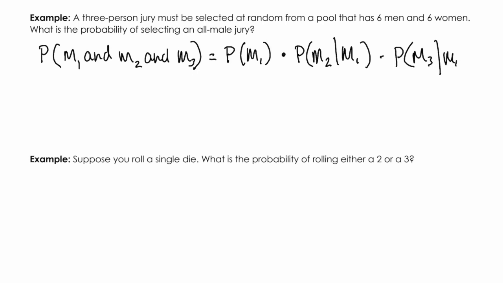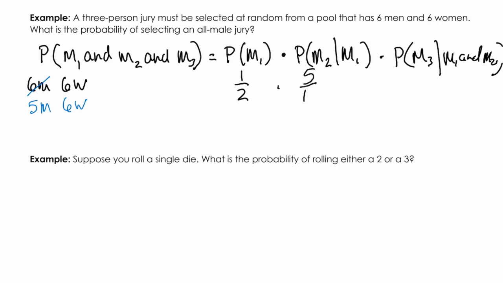Then I want to find the probability of a third man, given that we picked a man on the first and the second try. So the probability that we pick a man the first time is 6 out of 12, or 1/2, because we have 6 men and 6 women. Now, if I pick a man out the first time, I'm left with 5 men and 6 women.